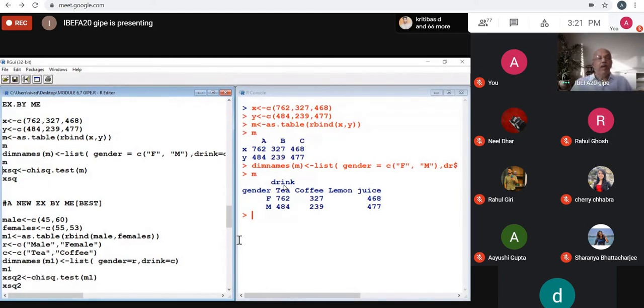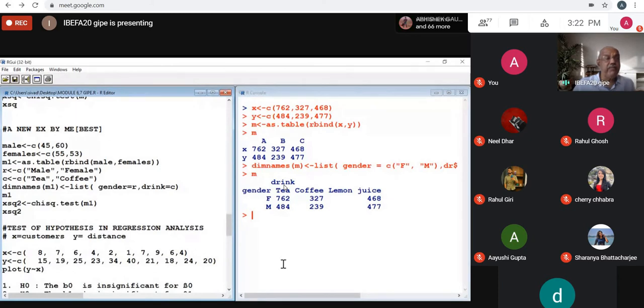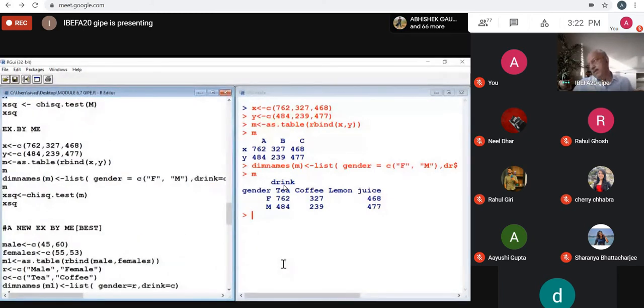okay. So the hypothesis here is there is no association between gender and drink. That is H0. There is association between gender and drink. These are the hypotheses.